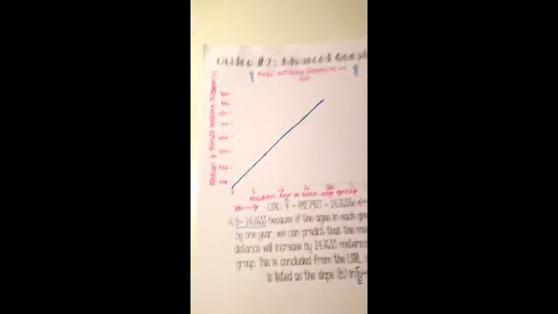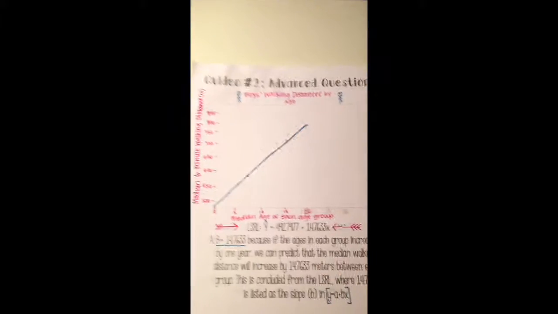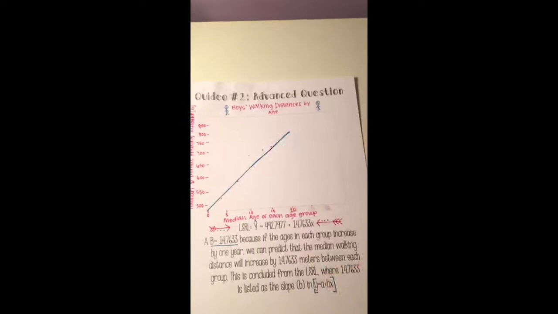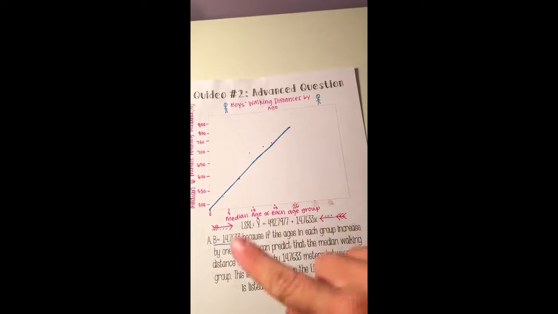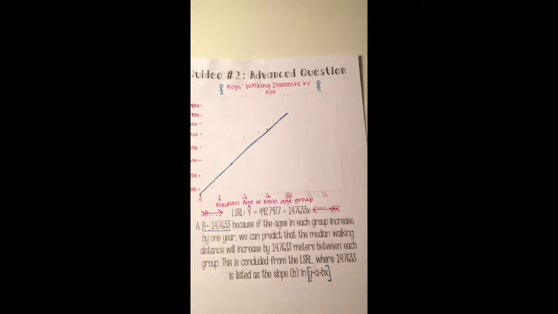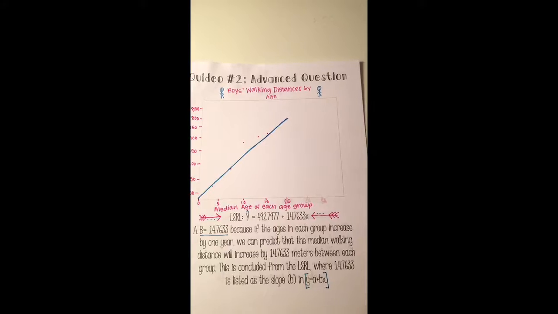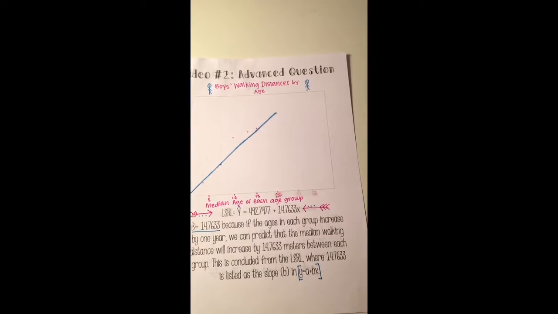So I plotted on the y-axis the distance in meters for how far the boys walked, and then on the bottom is the age, and so in the blue is the least square regression line. And then question A said determine the least square regression line and its slope.